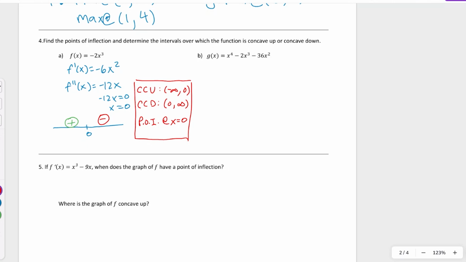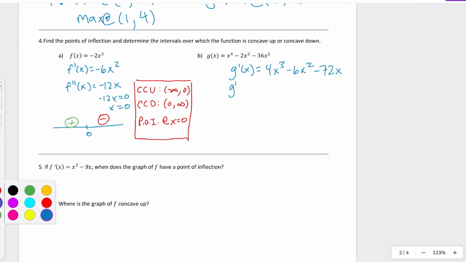For letter B, the first derivative, g prime, will be 4x cubed minus 6x squared minus 72x. G double prime would be 12x squared minus 12x minus 72. So what I need to do is set that equal to 0 and solve it to find my subcritical values. 12x squared minus 12x minus 72 equals 0. 72 is divisible by 12.